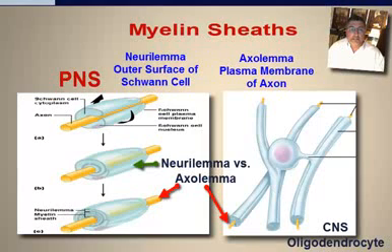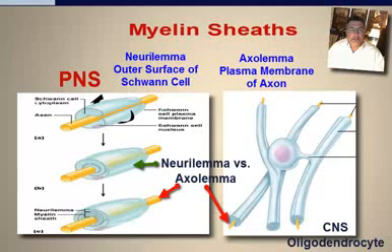The neurolemma is going to be the outer surface of the Schwann cell. Because if you take a look here, you will see that as the Schwann cell makes myelin, the Schwann cell stays on the perimeter and the myelin wraps deep along the surface. It is the myelin sheath that allows the skipping to occur. So the outer lining of the Schwann cell is the neurolemma.